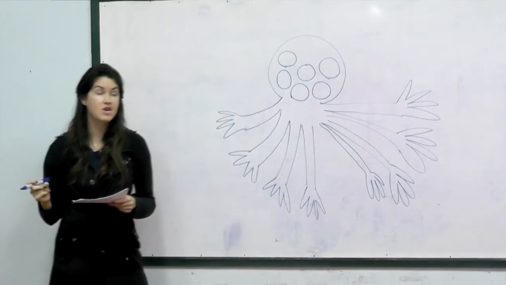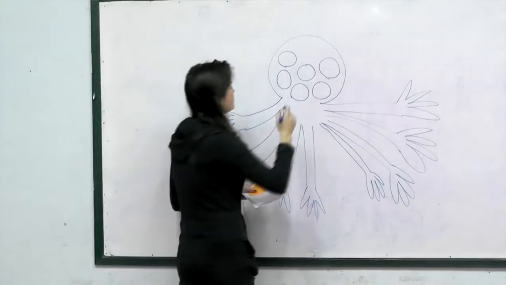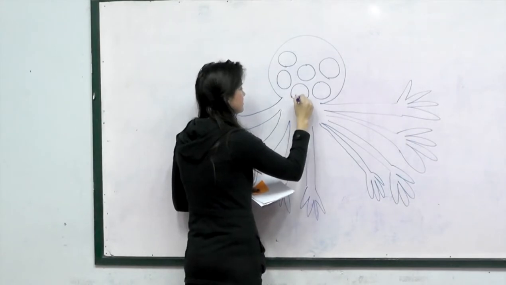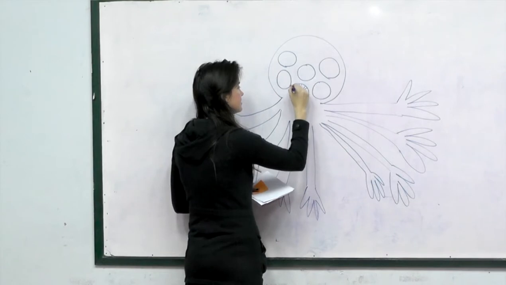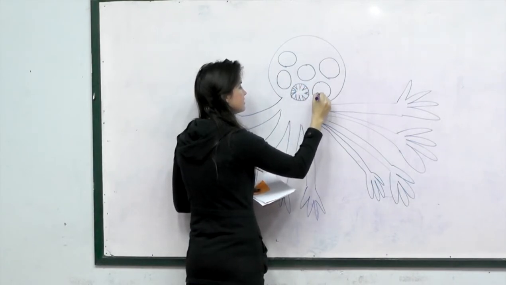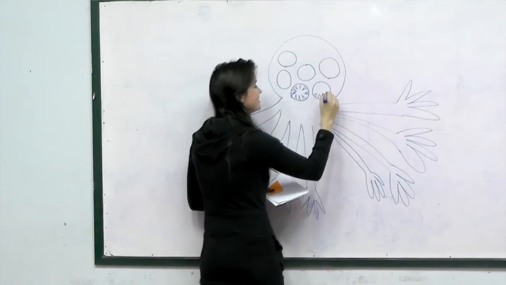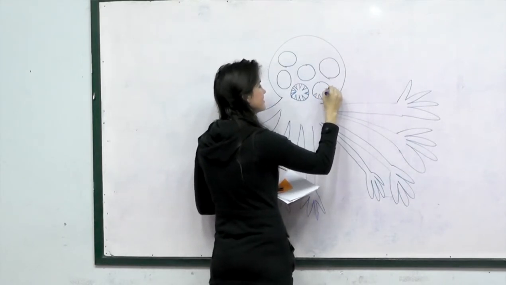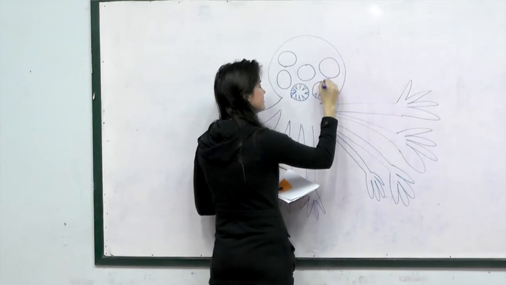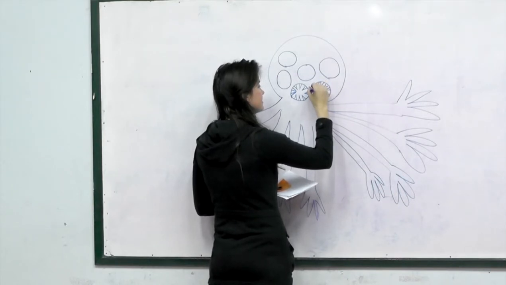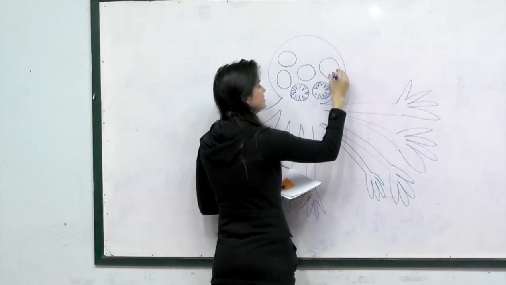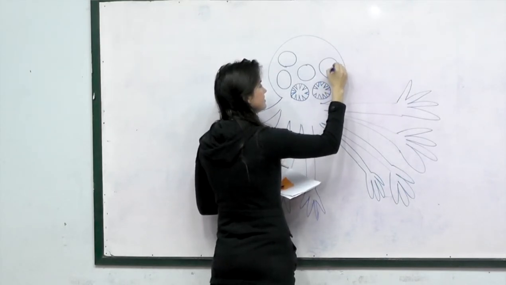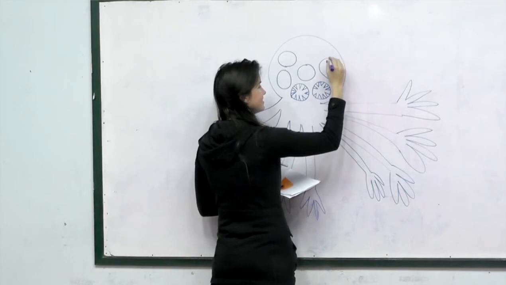And 54 teeth all together. 1, 2, 3, 4, 5, 6, 7, 8, 9, 10, 11, 12, 18, 19, hold on, that's 18, 19, 20, 21, 22, 23, 24.